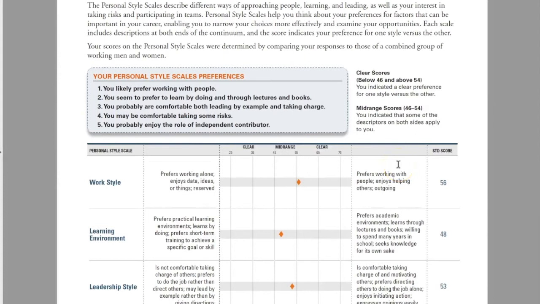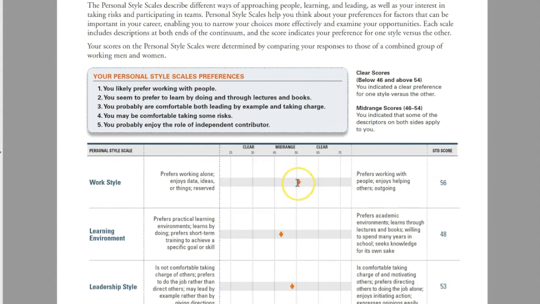On page 9, you'll find your personal style scales. These describe different ways of approaching people, learning, and leading, as well as your interest in risk-taking and participating in teams. For example, under work style right here, you'll see 2 ends of a continuum, from prefers working alone to prefers working with people.